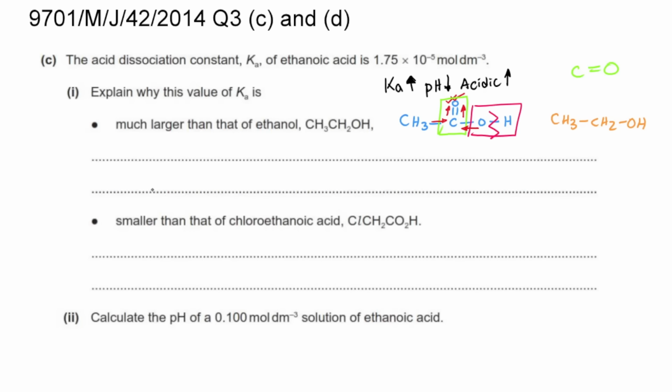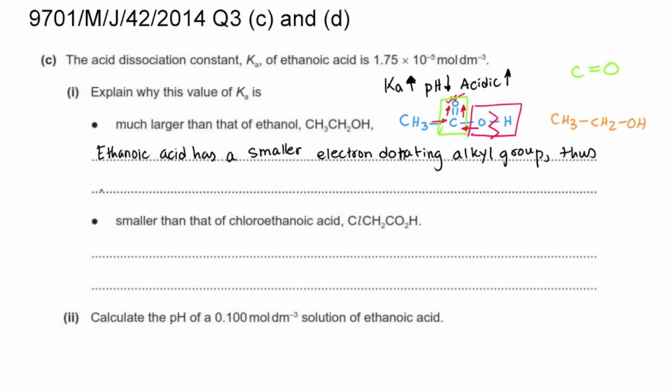So let's write the answer. We can say that ethanoic acid has a smaller electron donating alkyl group.